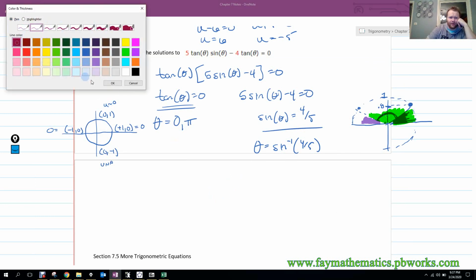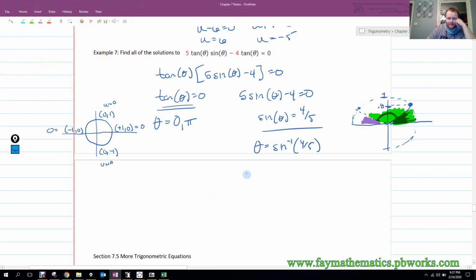But if you can remember that we've got 0, this is obviously pi over 2, pi, 3 pi over 2, and then 2 pi. If we can remember, this is about 1.57. This is obviously 3.14, and this is 4.71.